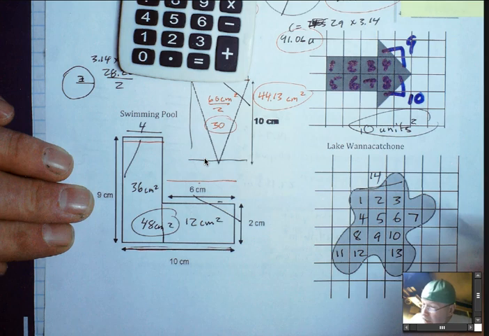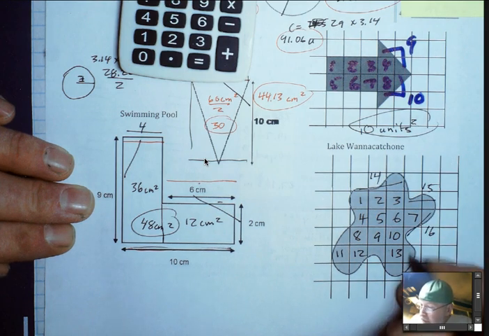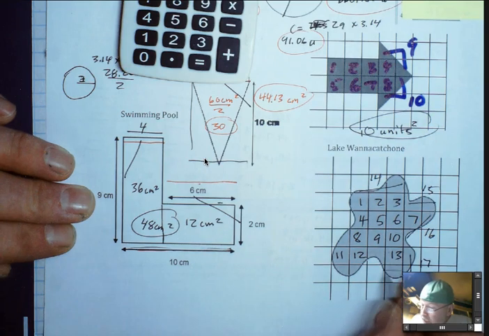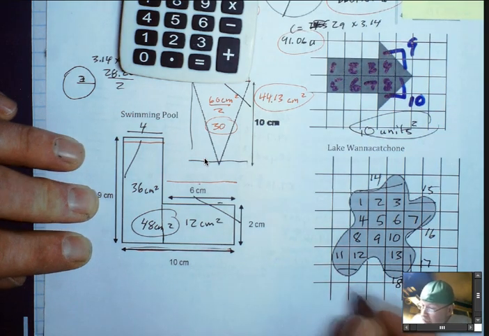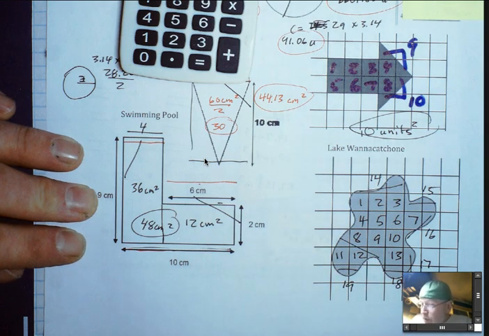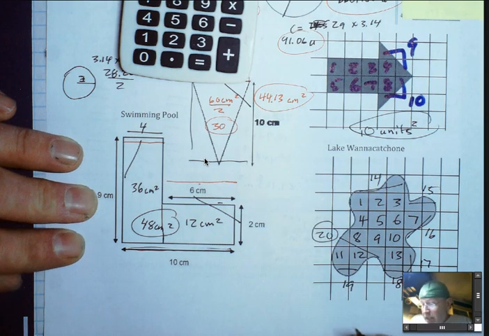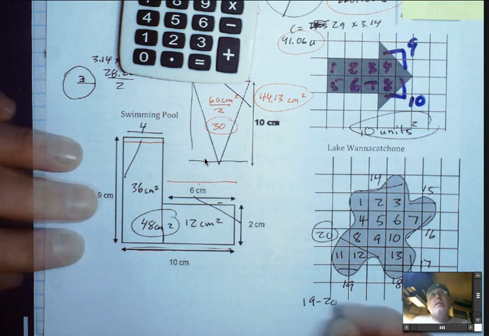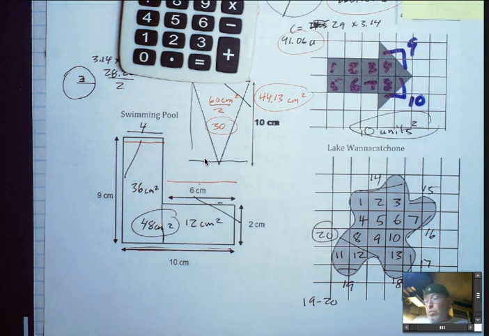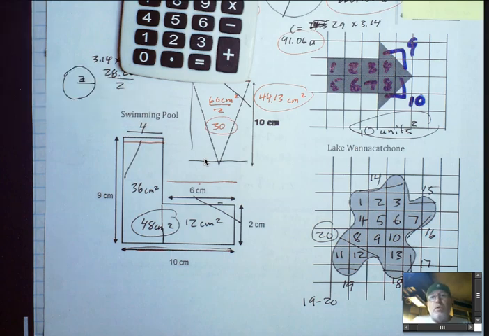Let's call these guys 15, these guys here 16, call these guys 17, call these guys 18, call these guys 19. I still got these guys left over. I've been pretty generous, I call it 20. I'm thinking on this guy right here, it's about 19 or 20 units, depending upon how you piece those together. But again, this is just an estimate. So 19 or 20, that's perfect. That's the kind of answer I'm looking for in a multiple choice test.